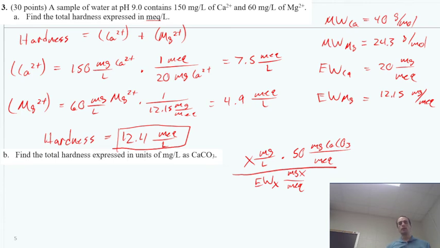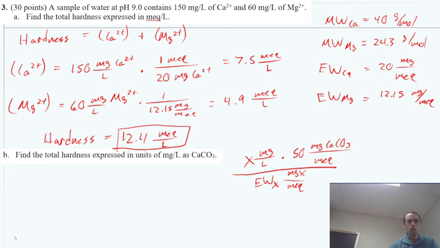So if we take a look here, we have milligrams X on top, milligrams X on the bottom. That's going to allow us to have the milliequivalents come on top. That milliequivalence then is going to cancel with this milliequivalence, and the only units remaining are going to be milligrams CaCO3 per liter. Okay, so that's how this equation functions.